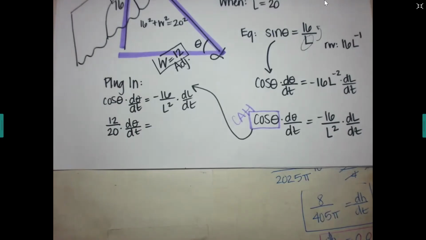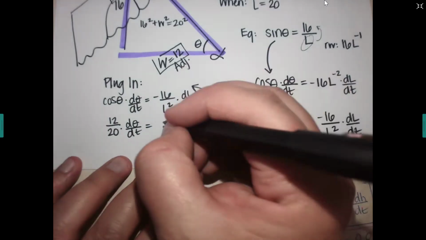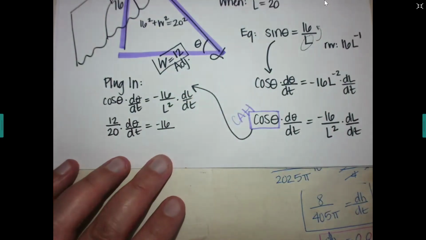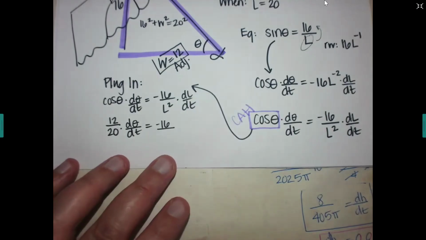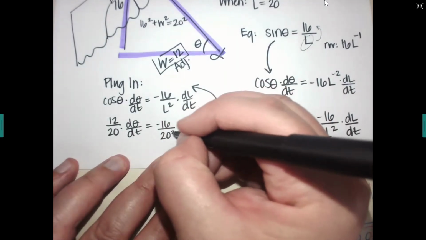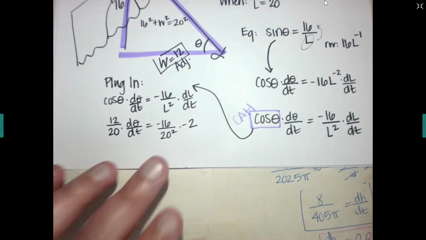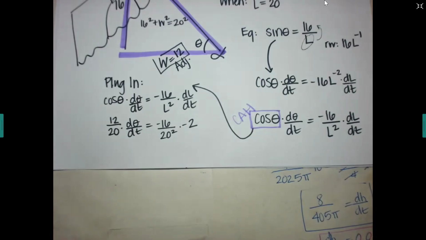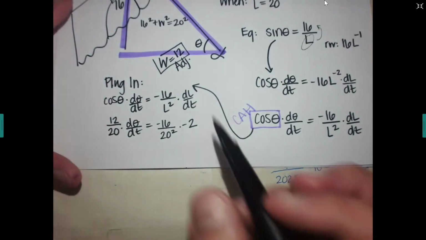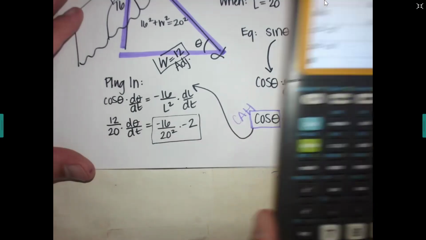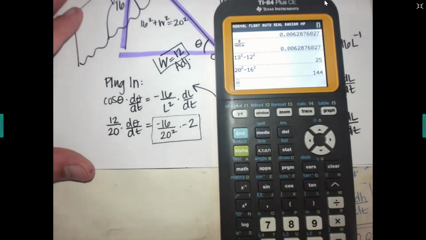What is my L squared for me to put under the 16? We know what L is. What's L? 20. And then my dL dt is negative 2. Then from there, type this side into the calculator. Just use the pretty fraction to make it easy on yourself. So negative 16 over 20 squared times negative 2.